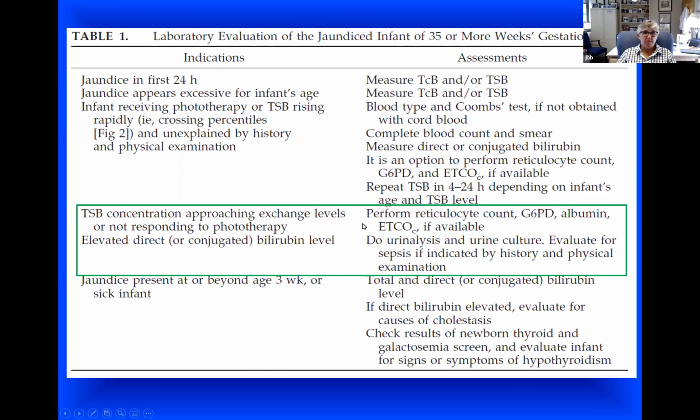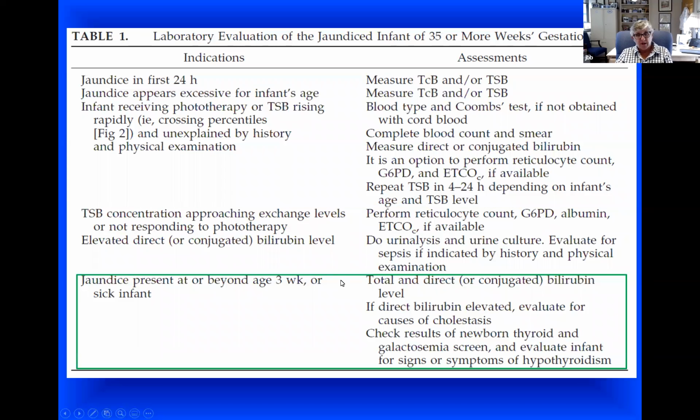When their total serum bilirubin begins to approach exchange levels or is not responding, then again, you need to think about those labs, look for other reasons, evaluating for sepsis or other infections like we talked about earlier too. If the jaundice is present beyond 3 weeks of age or you have a sick infant, again, think of total and direct bilirubin.